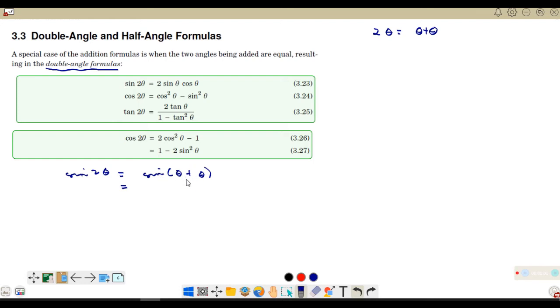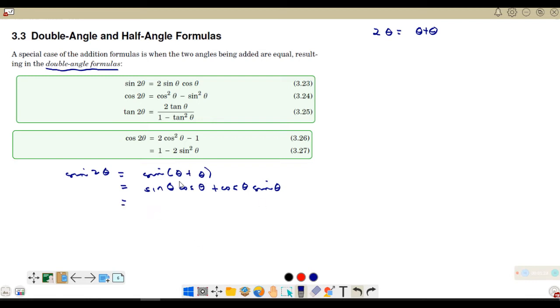And since meron na tayong addition dito of angles, we can use yung paulit-ulit kong ginagamit kanina na formula, sin cos, cosine. And then, just copy the operation for addition using the sine function. Fill up with the angles. Ayan, meron tayong sine theta, cosine theta, cosine theta, sine theta.